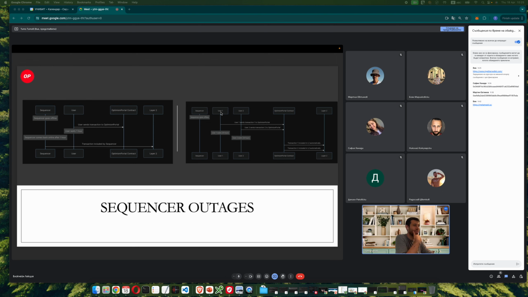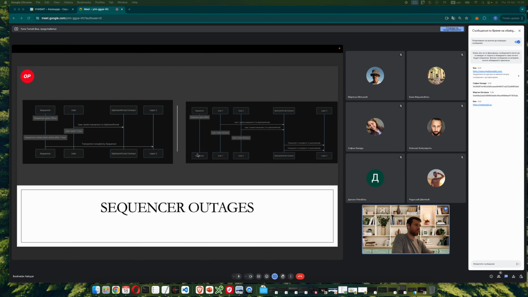So what's happening? For example, user 1 sends one withdraw transaction to the Optimism portal that wants to be executed. User 2 is doing the same thing, but the sequencer is not working.